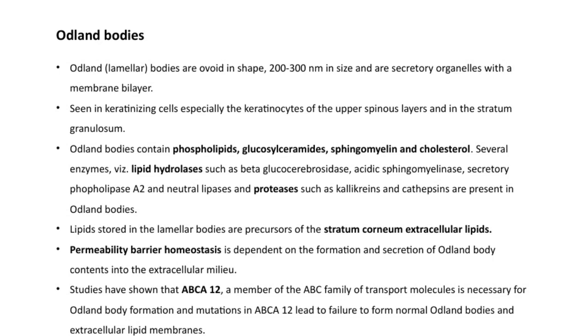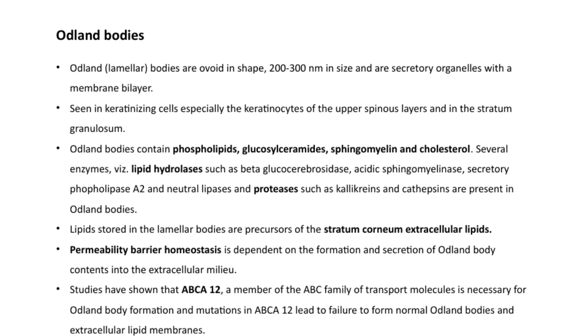Let's take a closer look at Odland bodies, also known as lamellar bodies. These are ovoid-shaped structures, roughly 200 to 300 nanometers in size, and they serve as secretory organelles with a double membrane. You'll mainly find them in keratinizing cells, especially the keratinocytes located in the upper spinous layers and in the stratum granulosum.